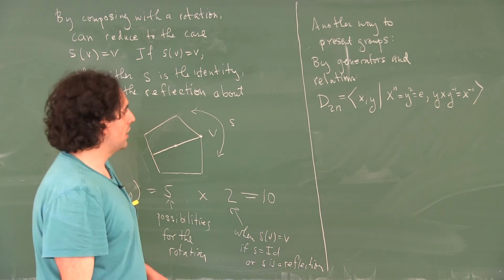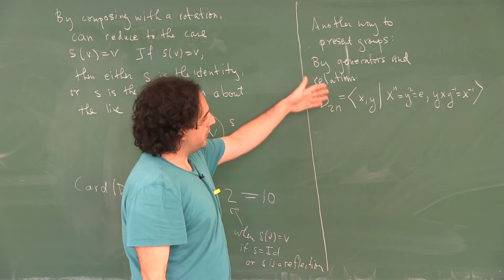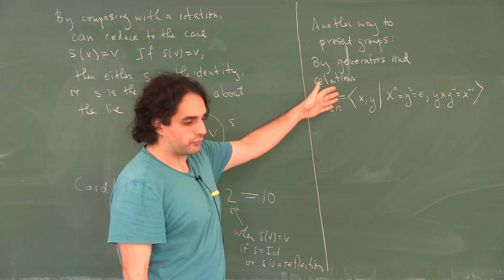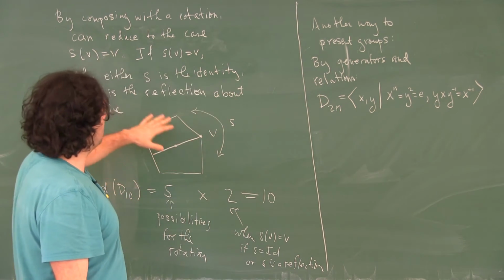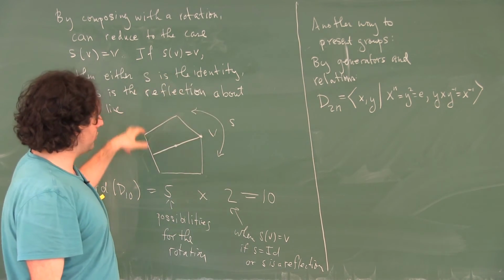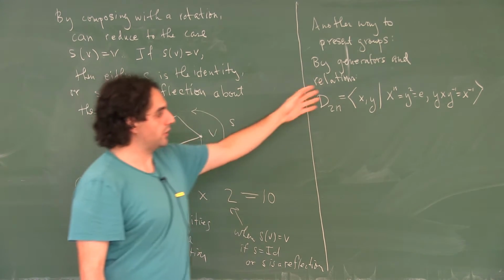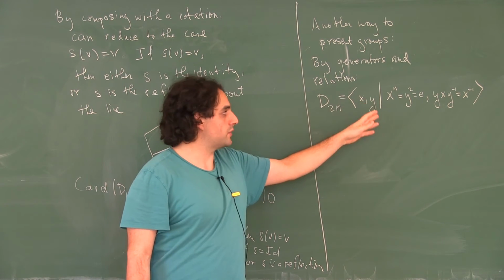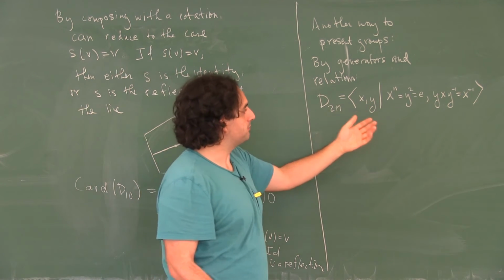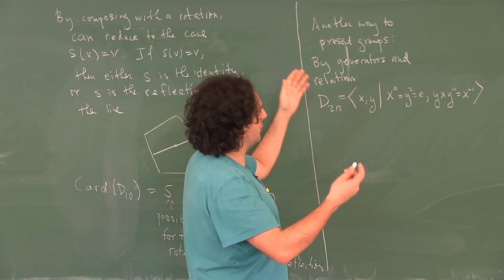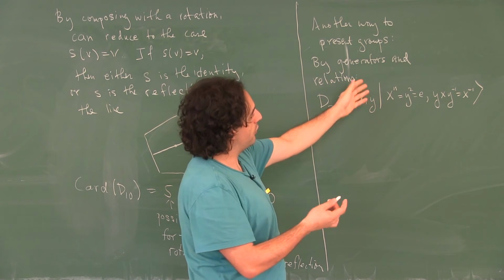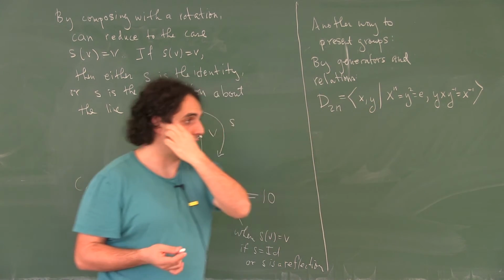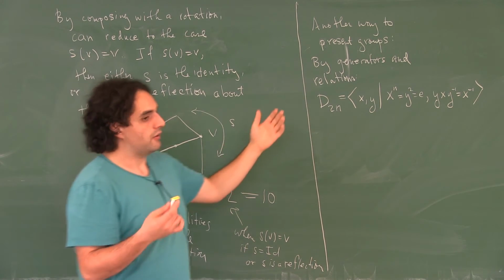Okay? Now, at first, I think to a lot of people, the idea of giving a group as symmetries is more natural than giving it as generators and relations. Here with generators and relations, it's important to note we are just saying x and y are formal symbols satisfying these relations, and that's okay.